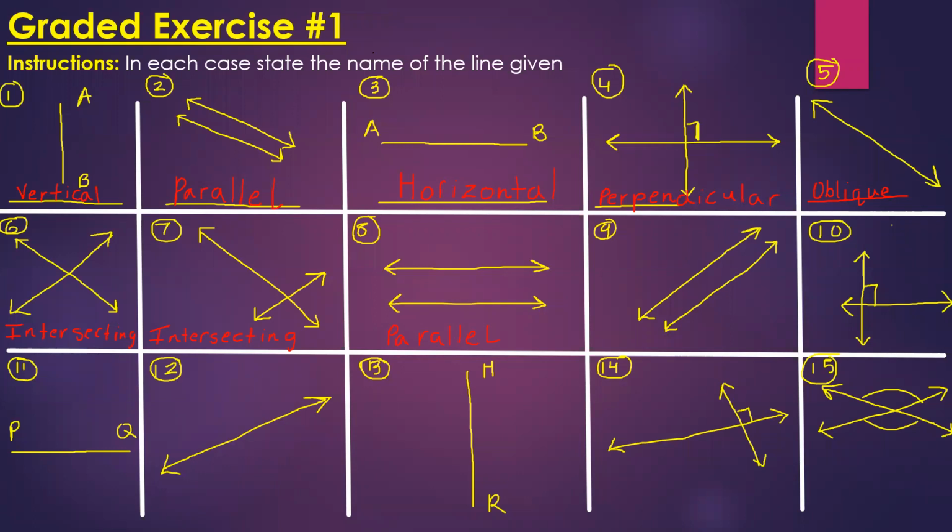Okay. Kai says it is parallel, and that is absolutely true. Number 9 is parallel. So these are parallel lines. Anyone else have parallel? Yes, sir. Very good.